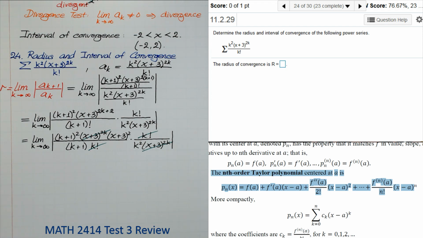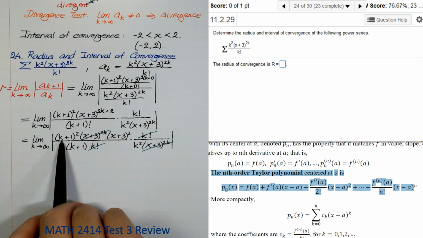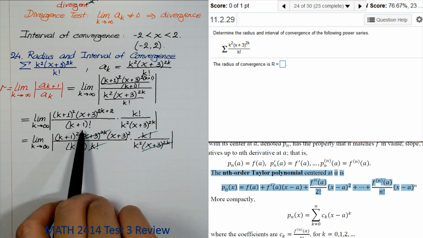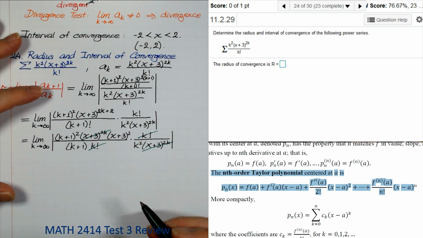It looks like something's off here. So I have k plus 1, k plus 1. Cancel one of them actually.